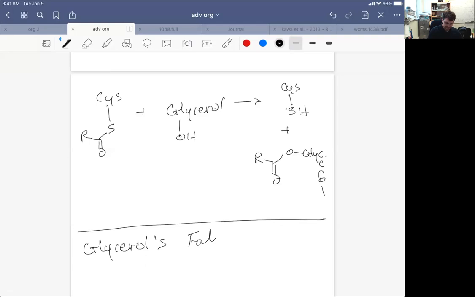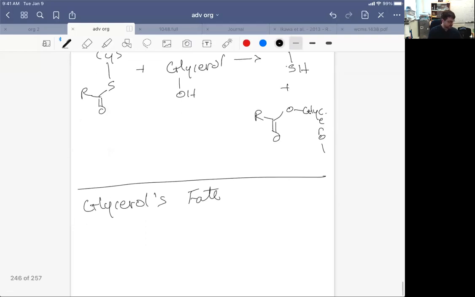One thing I think is interesting, and I just wanted to point out, is that the book has a section about the fate of glycerol. I thought this was super interesting. Gosh, why did I draw that wedge? That wedge is steering you in an interesting direction. So if we have glycerol here, this is an achiral molecule, but if I put this here and this here, it turns out that's the same as the mirror image.